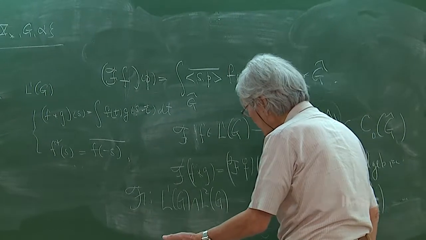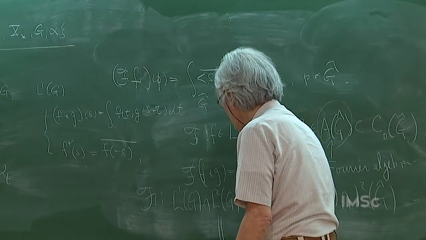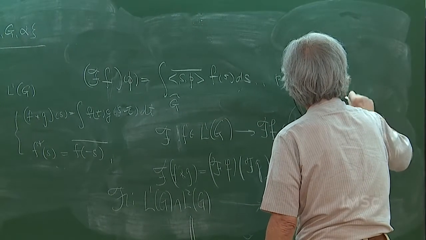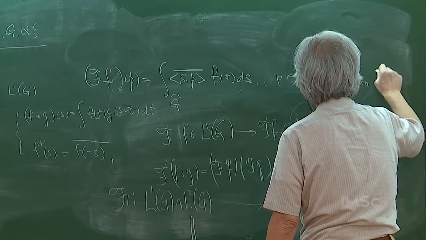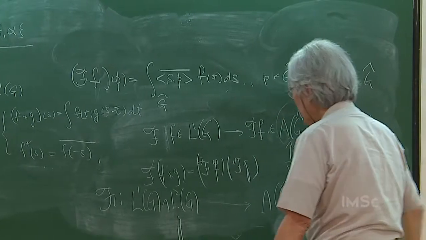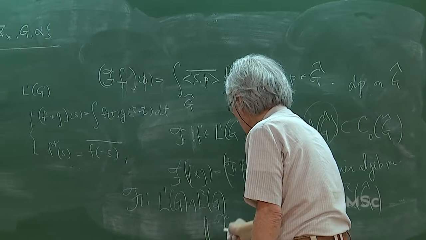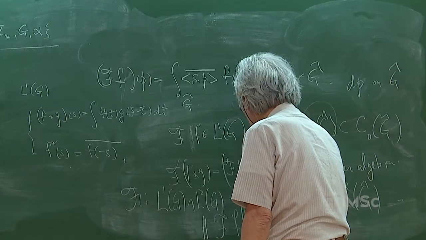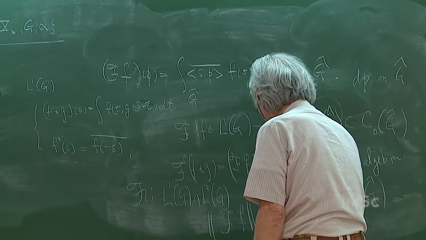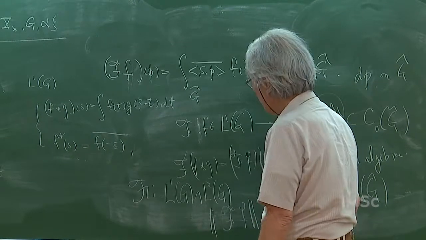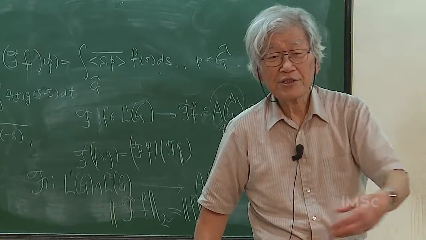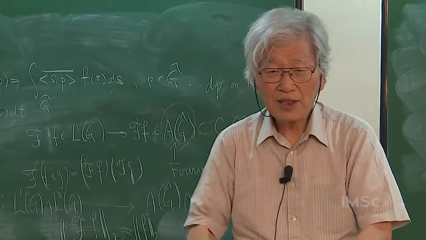And a miracle happens: there is a measure dp on G hat so that the L2 norm of the Fourier transform is equal to the original norm. And because of that, it is an isometry, and the range is dense in the target space.